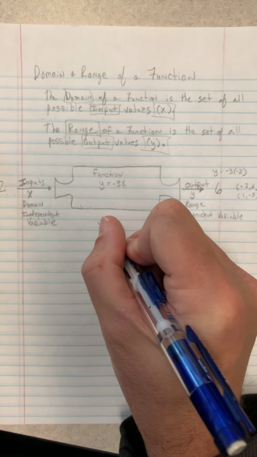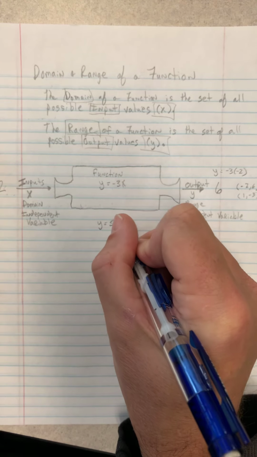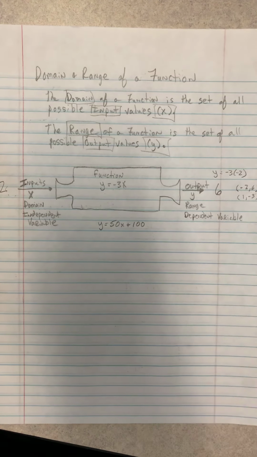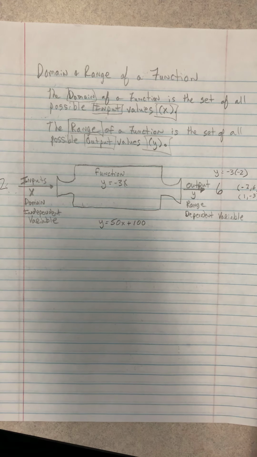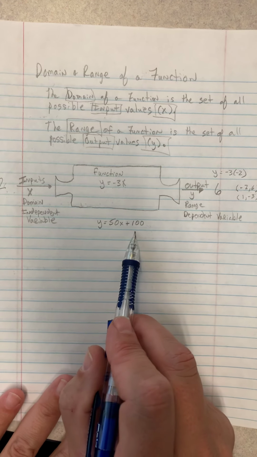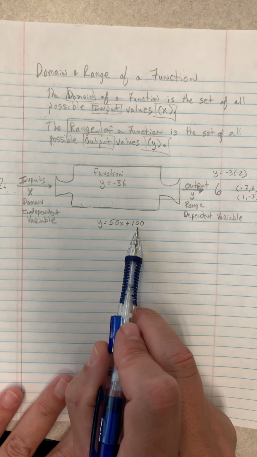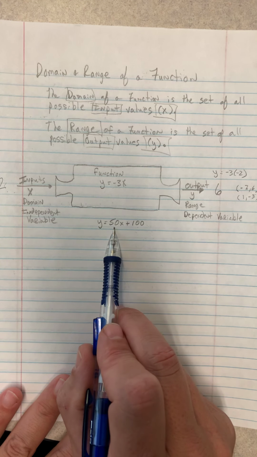Let's say I had this equation: Y equals 50x plus 100. Let's say this models a plumber coming over to your house to fix your drain. He charges $100 for a house call and then maybe $50 an hour to do the work.